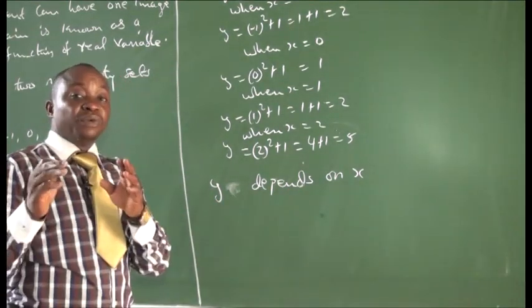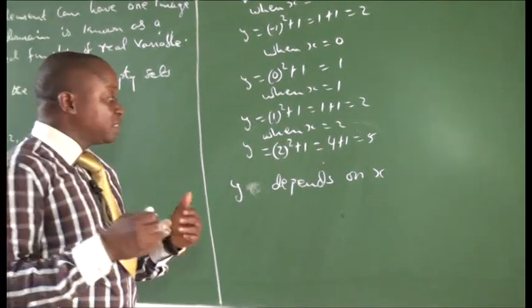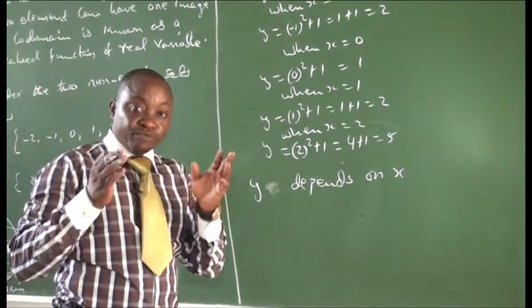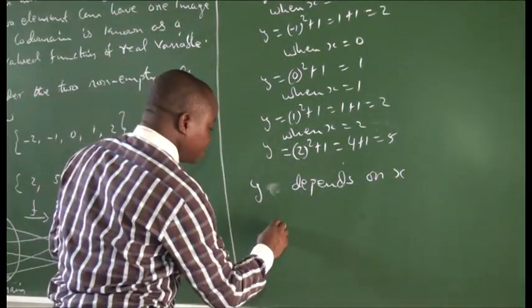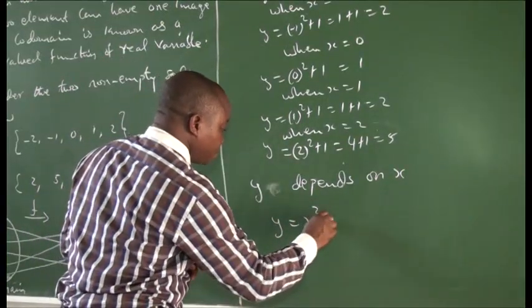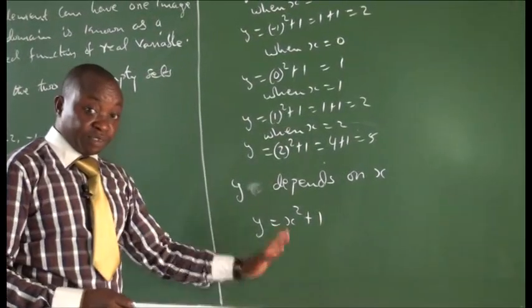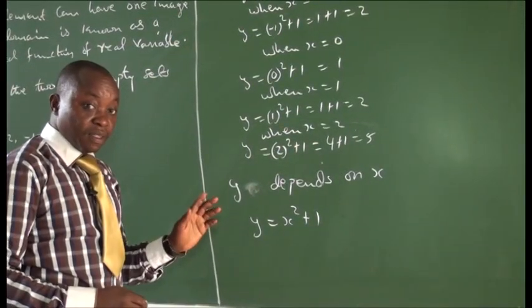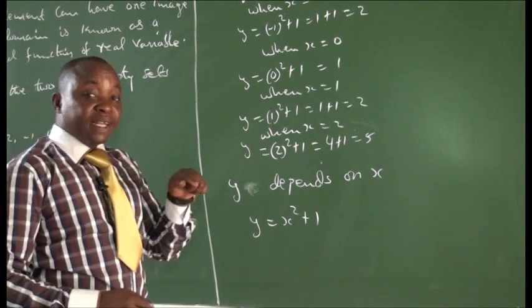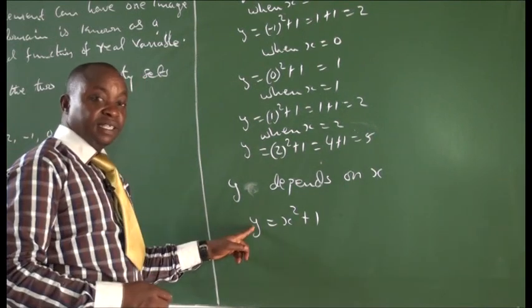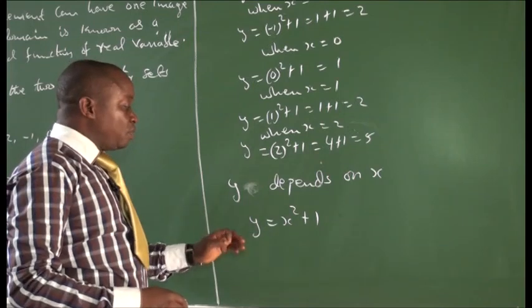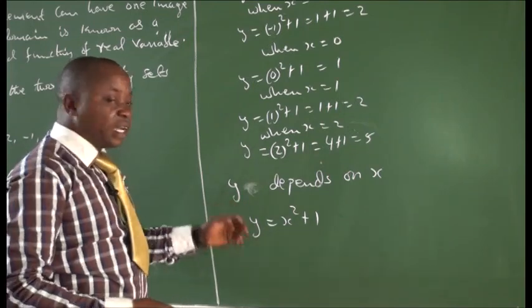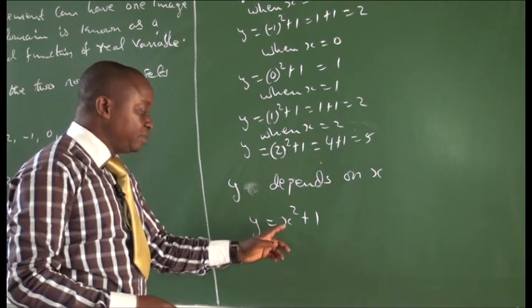Now, I'm trying to see how I can show you what function really means. If we write y equals x squared plus 1, this is a function where the dependent variable is y and the independent variable is x. So the value of y is generated by the rule.